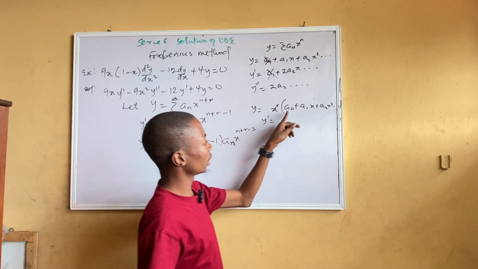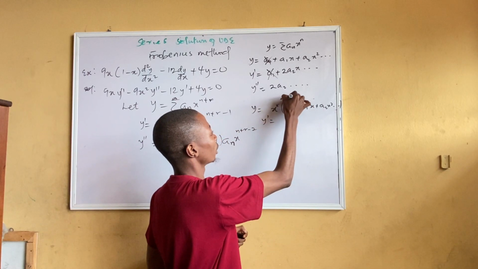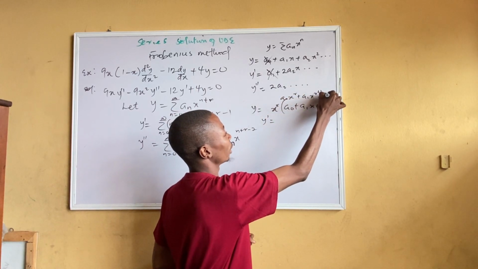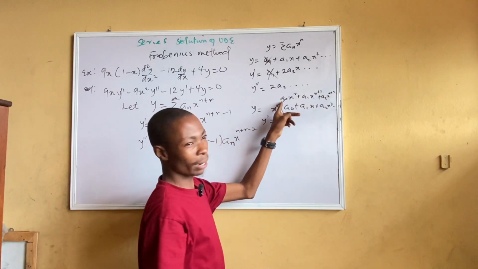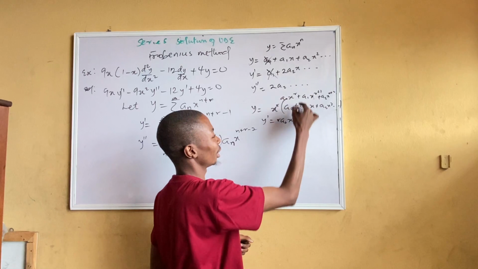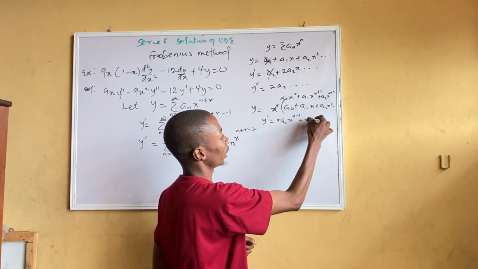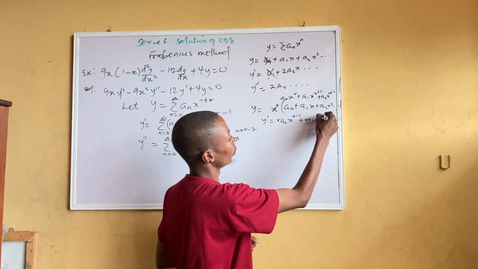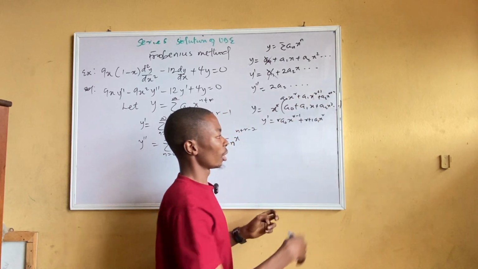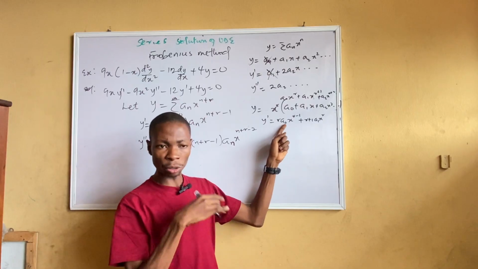If I differentiate, this is like a naught x^r, a1 x^(r+1), a2 x^(r+2), like that. If I differentiate, it will be r a naught x^(r-1). Differentiate again, it will be r plus 1 a1 x^r. So what you observe is that a naught will still be there.